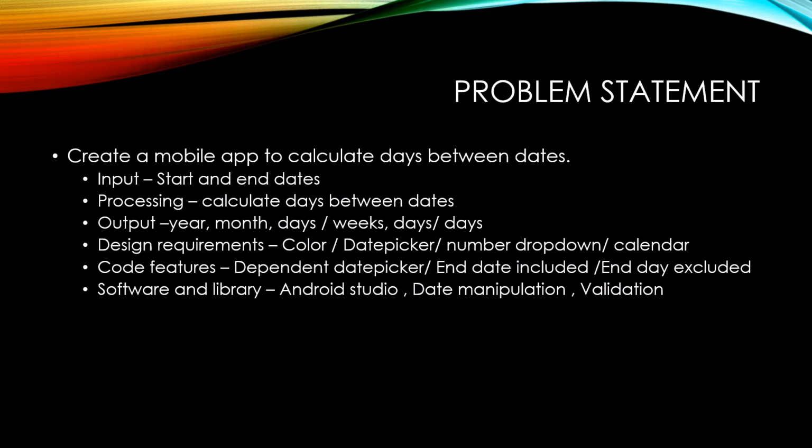Plus, if we use a date picker, a drop down instead of a text box, then the validation of the data would be much easier and we can restrict what we are getting and it will be a quick input. It would be easy for the user to select the input and the chances of error would be minimized.